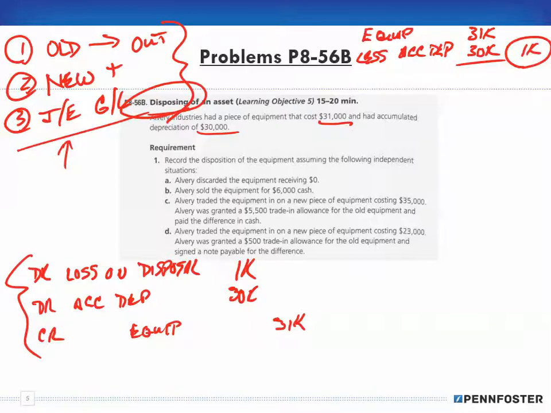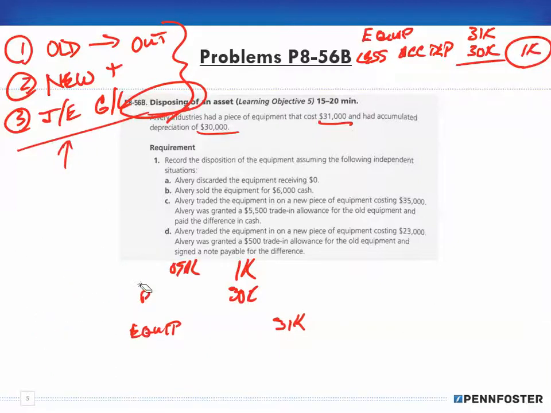Okay. Right. So I'm going to erase this. And I know I'm going to rewrite parts of this because obviously I'm going to have to take the old out all the time. So for B, Avery sold the equipment for 6,000 in cash. Well, number one, I'm going to have to take the old out.